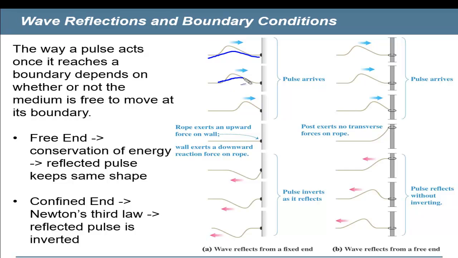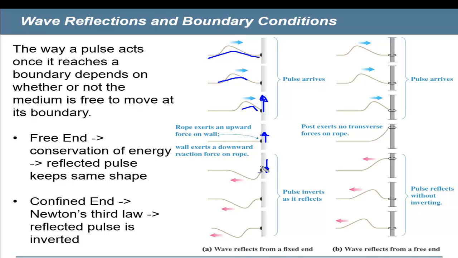It's getting closer and closer, and then it gets here, and the rope exerts an upward force on the wall, right? And we know from Newton's third law that there's an action-reaction pair here. So the rope exerts a force up on the wall, but it doesn't move the wall up. And then the wall exerts a downward force of the same magnitude down on the rope.